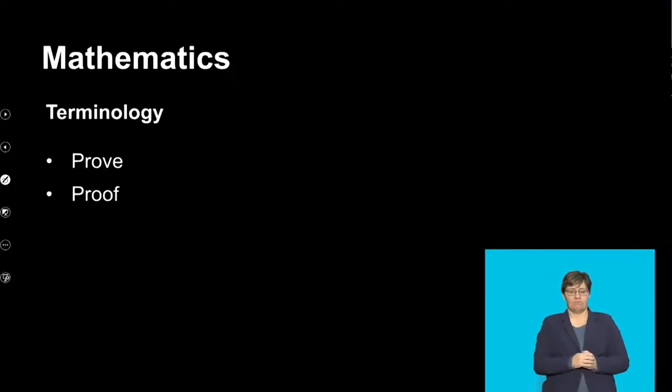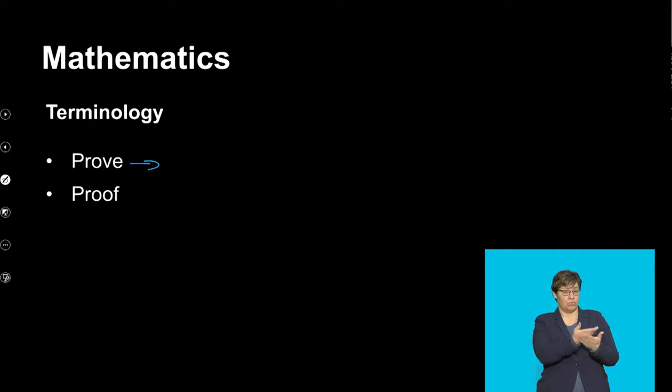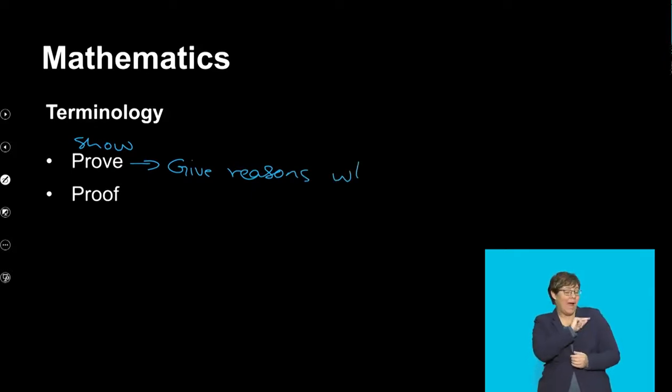Now, when you talk about proof, when a question says to you, prove that, the other word they normally use is also show that. This means that you need to give reasons why the statement is true.